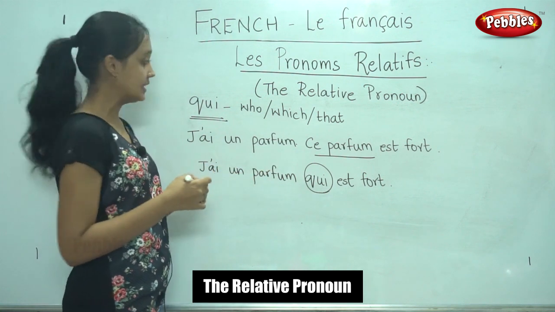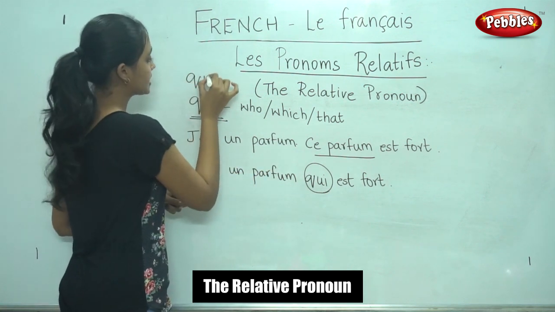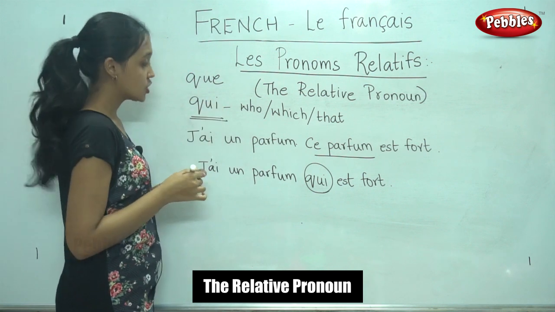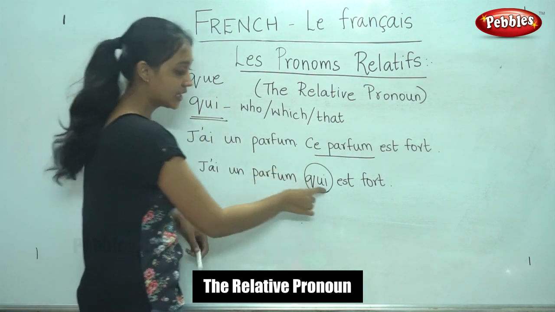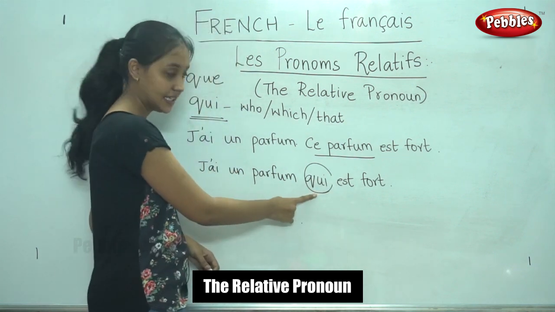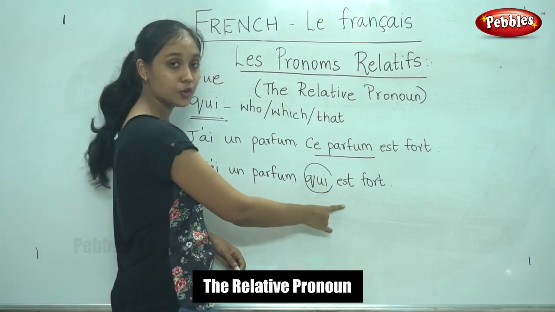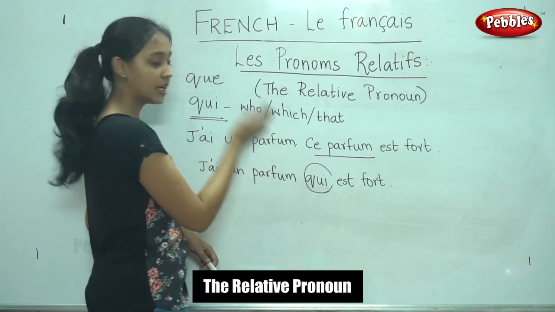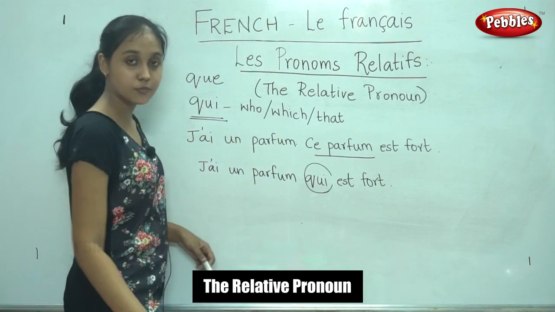Next, we are going to learn another relative pronoun, which is que. So now you have to notice here, qui always comes before a verb. So are you ready to learn the next relative pronoun?